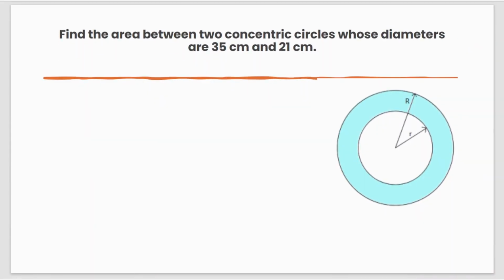Find the area between two concentric circles whose diameters are 35 centimeter and 21 centimeter. Now see, we have to calculate the radius of the inner circle and the radius of the outer circle, because the diameter is given. So capital R will be how much?